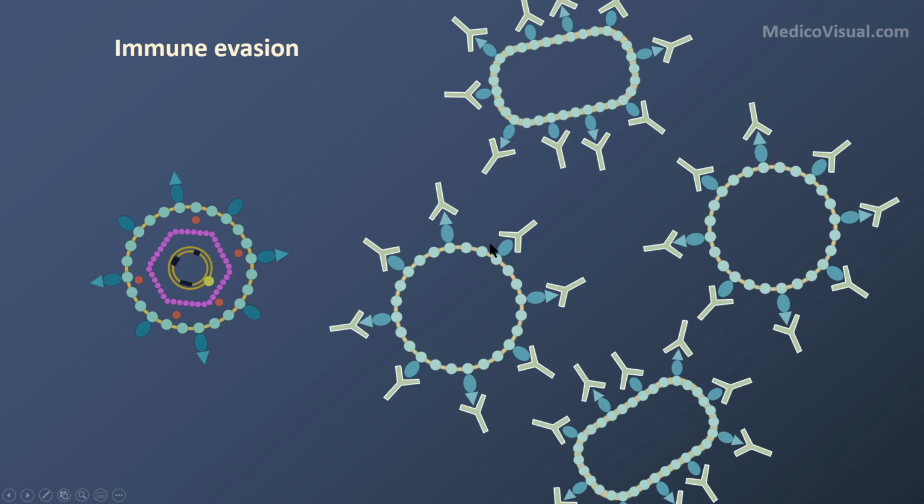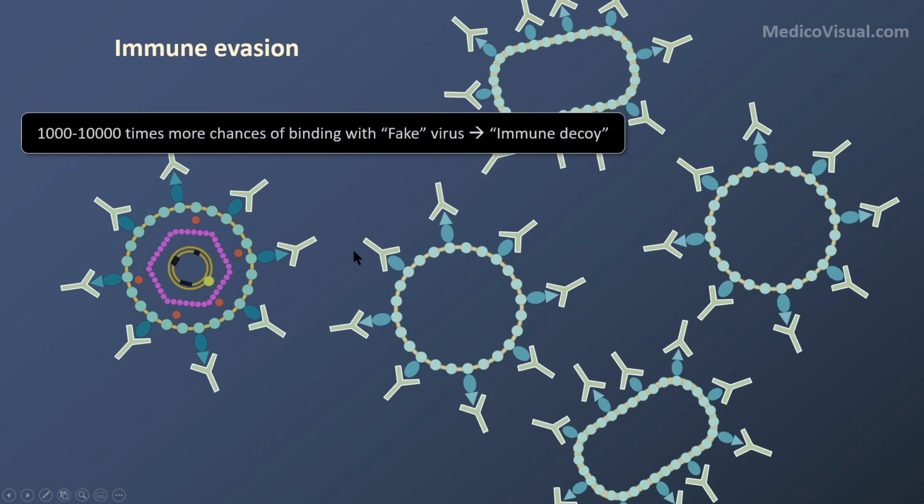These antibodies are more likely to bind with this subviral particle than this actual virus, because there are 1000 to 10,000 times more subviral particles present, and this is called immune decoy.